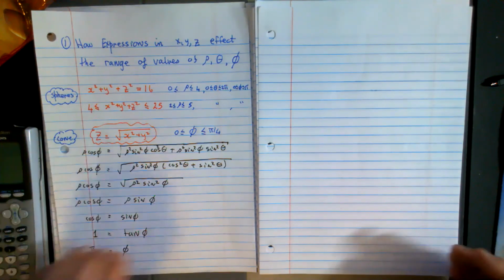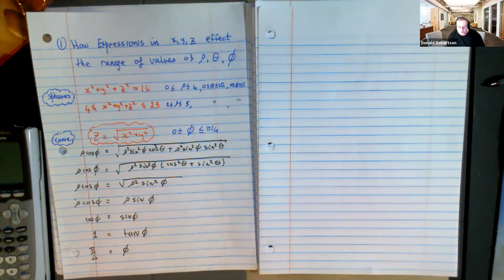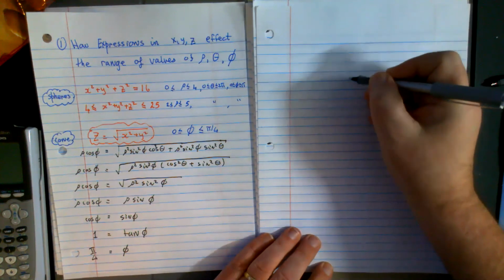So y does not affect phi if you change y as a variable. Yeah, x and y are both kind of similar. They both affect the xy plane, right? Obviously there's z up here.